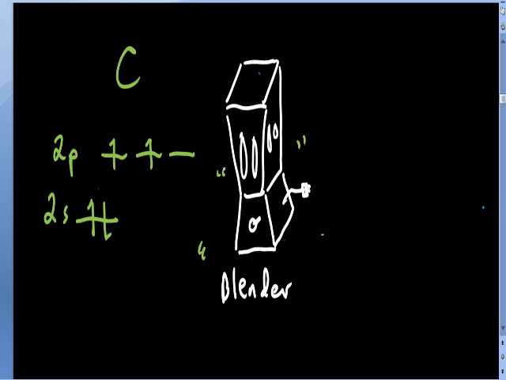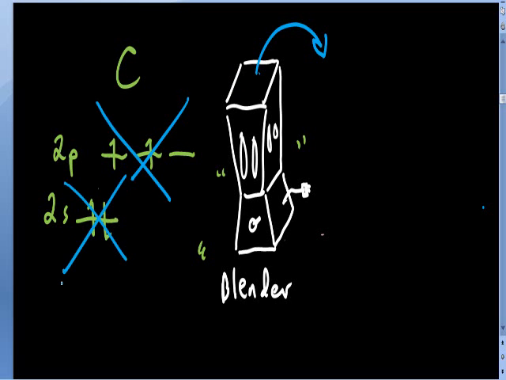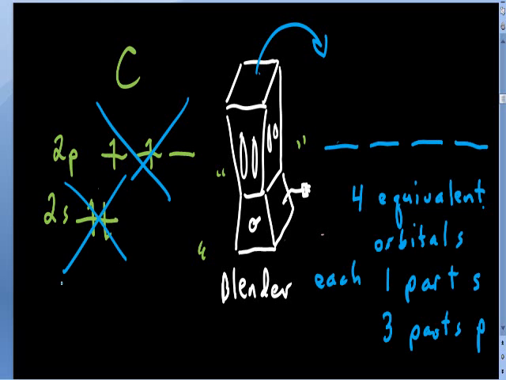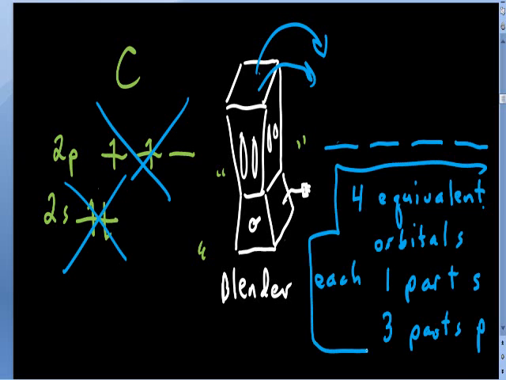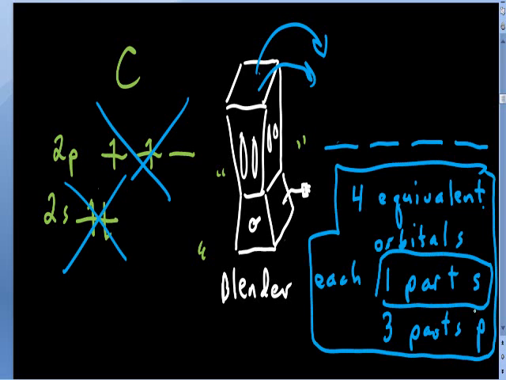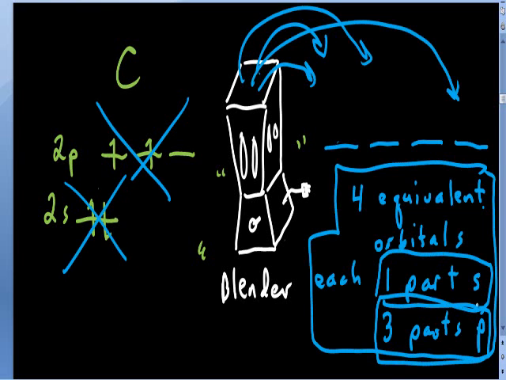Now when we remove the orbitals from the blender, we're no longer going to have separate 2p and 2s orbitals, but rather what comes out of the blender now is 4 equivalent orbitals, where each orbital is 1 part s and 3 parts p. The orbitals are no longer known as s and p, but because they're a blending, they're now known as sp3.